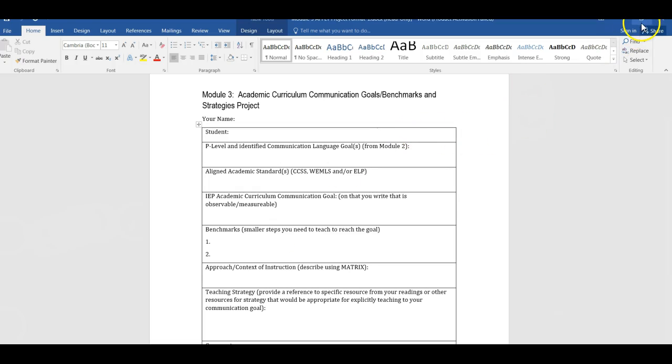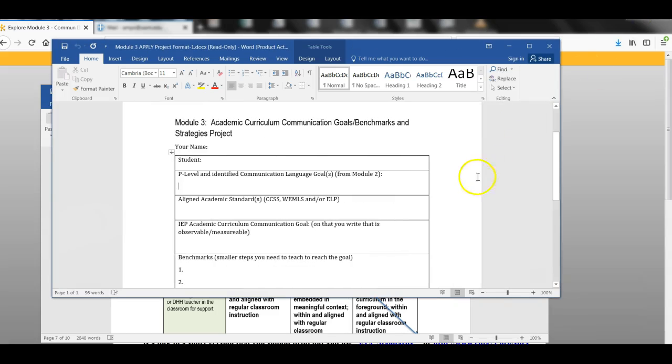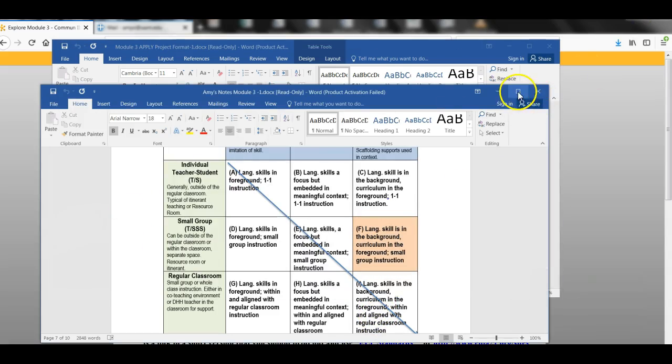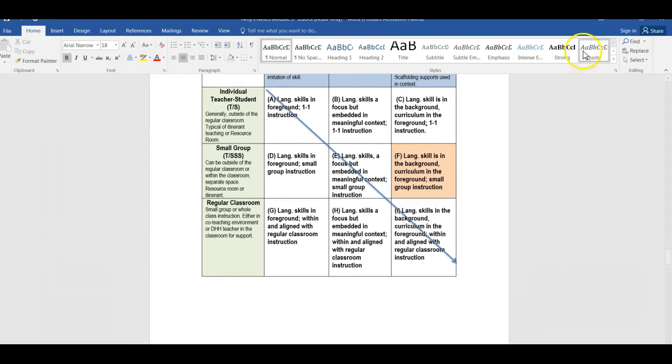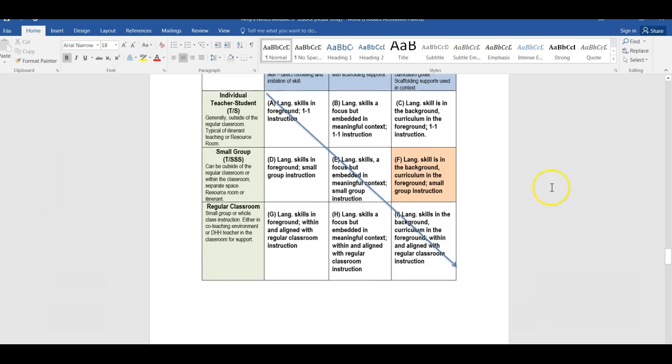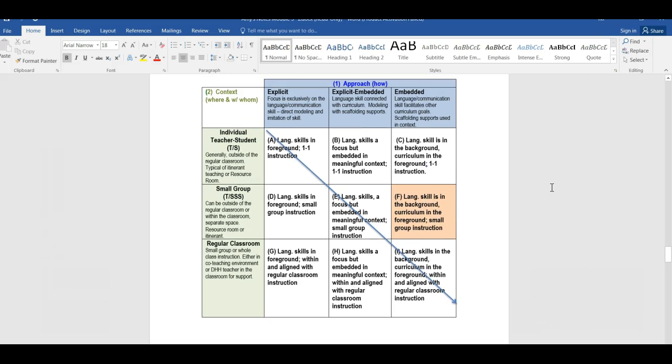So let me go to that right here. I suggest one way to think about it is to think about this matrix. Along the top is the approach, how you might teach the benchmarks towards the goal.